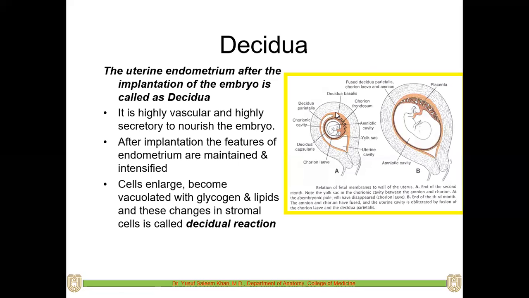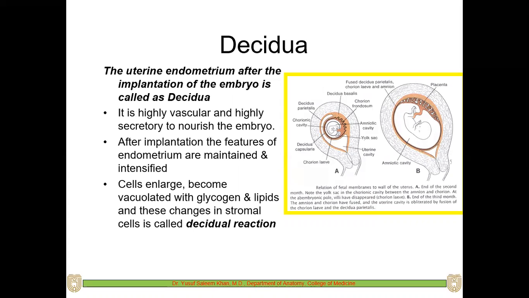So this endometrium, as I said, after the implantation of the embryo is called the decidua. So decidua is nothing but the endometrium after the implantation of the embryo. Here the embryo is developing. It is highly vascular and highly secretory to nourish the embryo. As we know, the endometrium, you might have already studied in histology, is highly vascular.